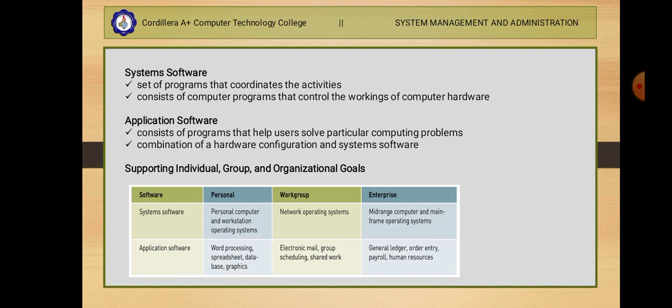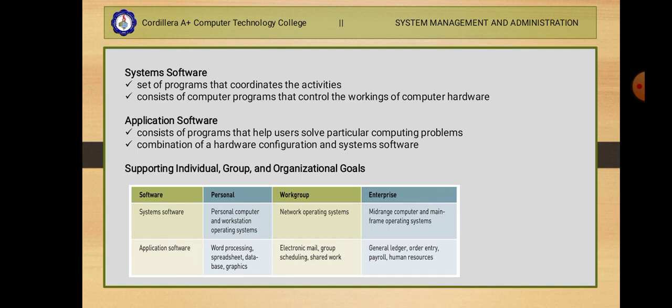So feeling ko naman encounter nyo na yun pag nag-install kayo ng mga application software sa mga computer or personal computers ninyo. Okay, so we have here the system software. When we say system software, isa siyang set ng programs that coordinates the activities na nangyayari within the computers. It consists also of computer programs that control the workings of computer hardware.